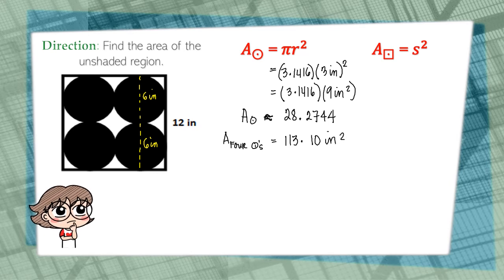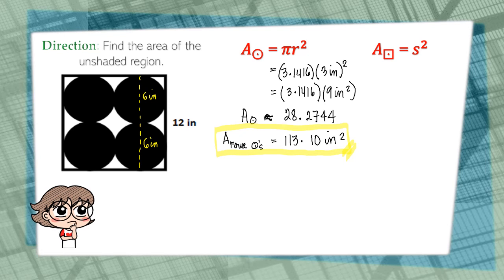Okay, but we are not yet done. This is just the area of the 4 shaded circles. Next, we are going to find out the area of the square itself.